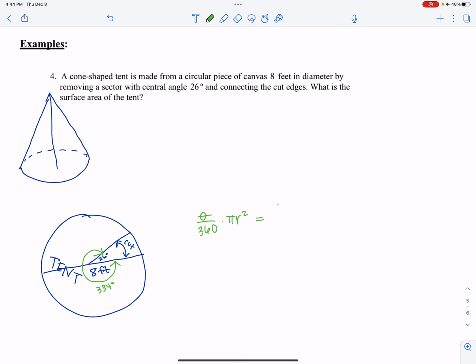Filling that in, we have 334 out of 360 pi. Our radius is half of our diameter, so we're going to have 4 squared. And that would give us approximately 46.64.